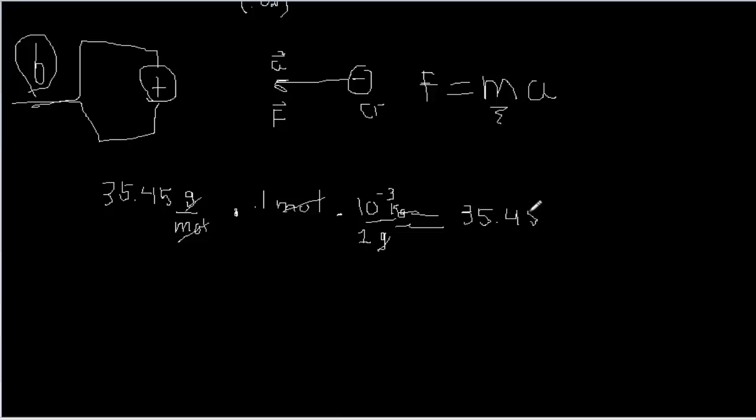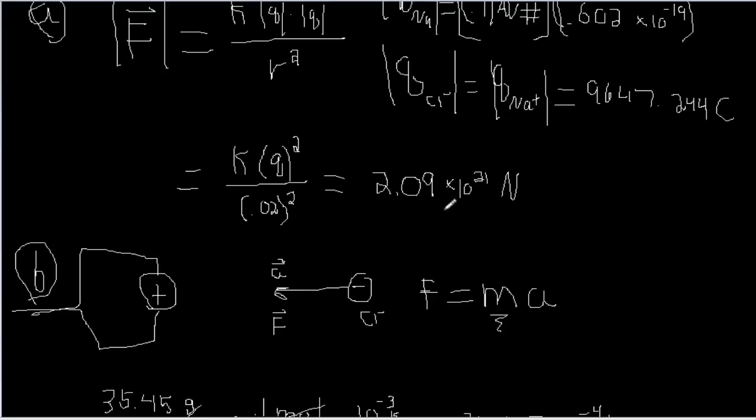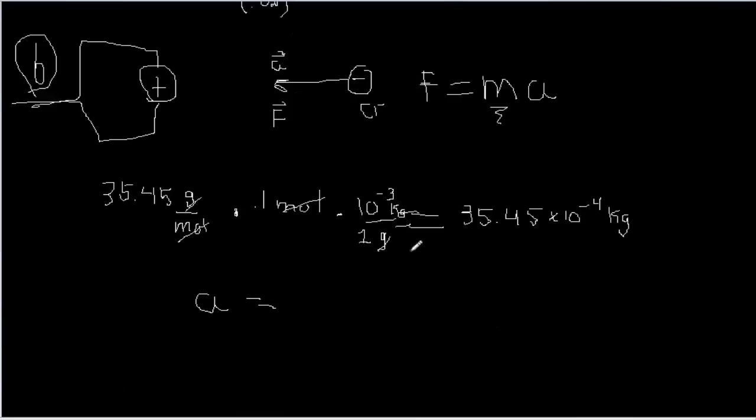35.45 times 10 to the negative 4 kilograms, which is just what we need for that mass amount, and we have the force and we have the mass. So acceleration will be the force that we found up here, that very large one, 2.09 times 10 to the 21, divided by the mass amount that we have here.